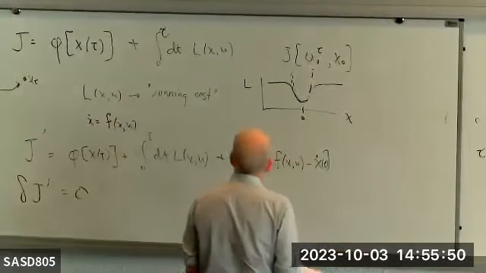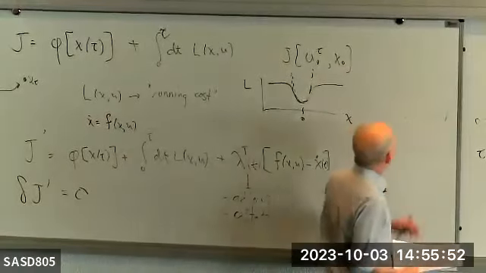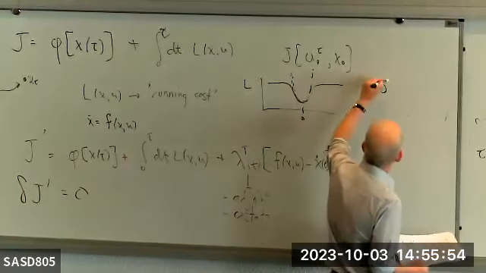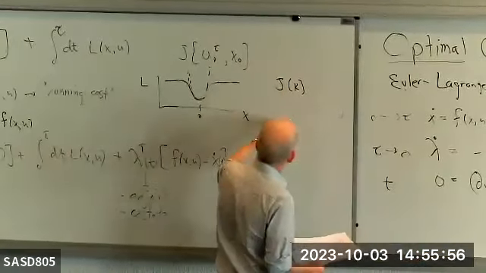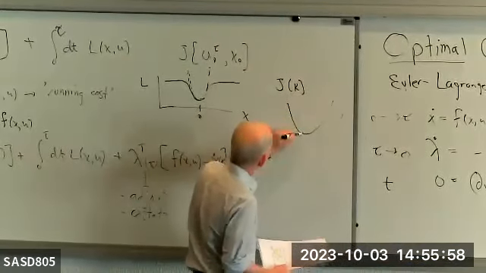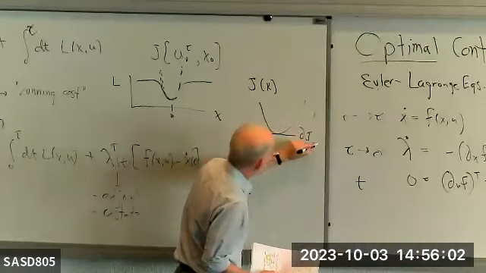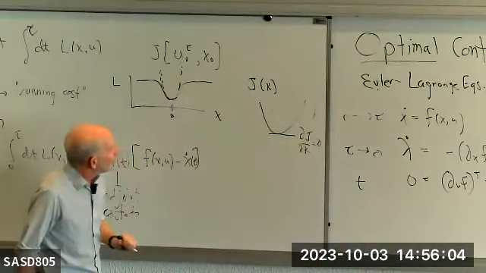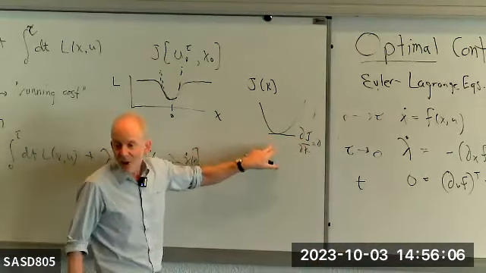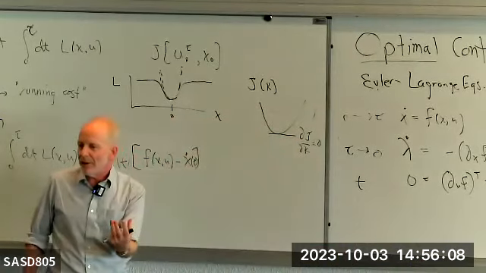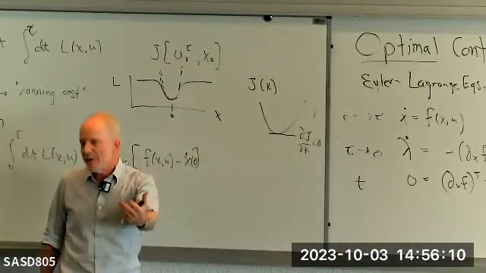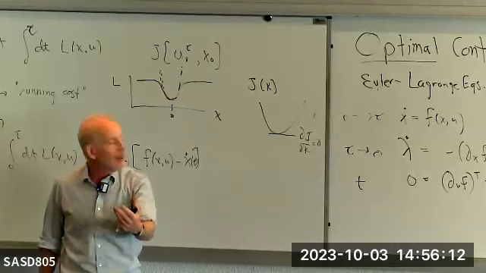Just like when we were looking at J as a function of K, and we had relationships like this, and we found them by looking at dJ/dK equals 0. I didn't show that what we got was actually a minimum of the cost. You could look at a second derivative to convince yourself of that.